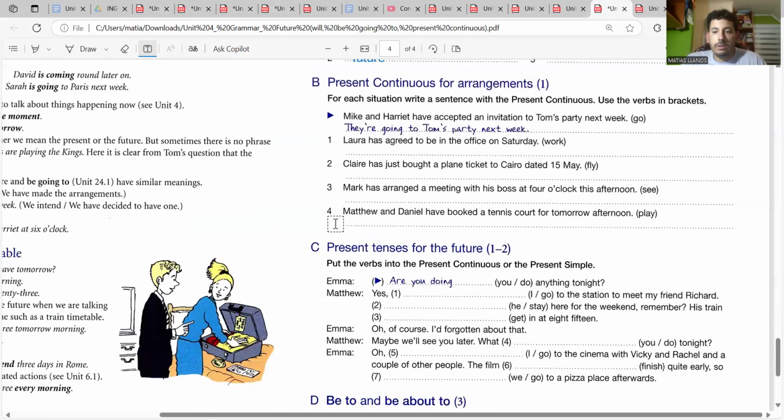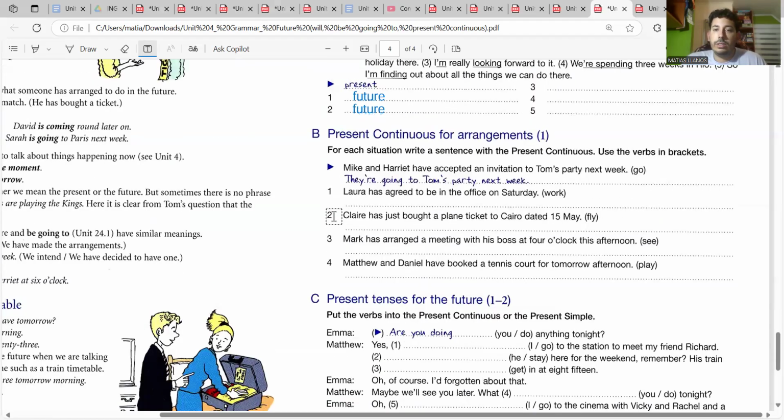Then we have present continuous for arrangements. For each situation, write the sentence with the present continuous. Use the verb in brackets. Mike and Harriet have accepted an invitation to Tom's party next week. They're going to Tom's party next week, right? Because it's telling me to write a sentence in present continuous. Laura has arranged to be in the office on Saturday.